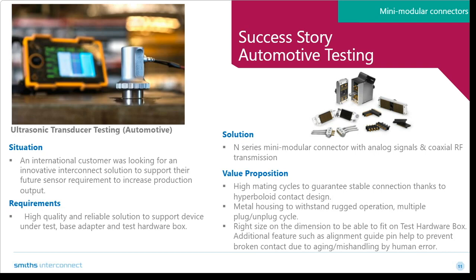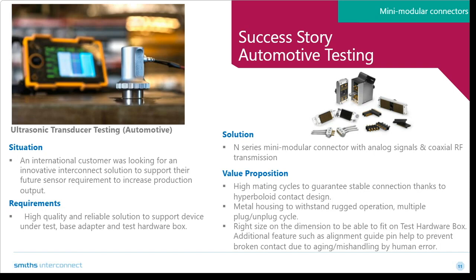The requirement was not only to meet the technical requirements, but more importantly, the high quality and reliability they were looking for. Because remember that the test equipment they were building was, in some sense, the generator of the golden sample, the final gatekeeper making sure that nothing leaves their factory with poor quality.